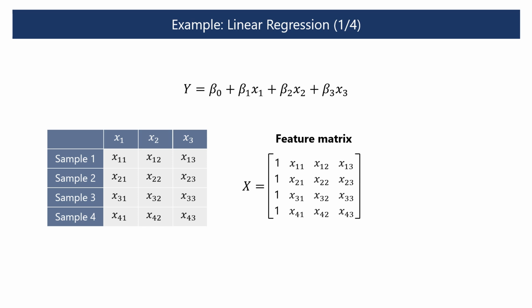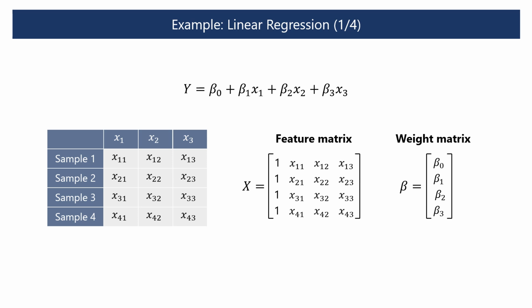Each row represents each sample. All elements of the first column are 1. This column represents the intercept. Other columns represent each predictor variable, or feature. So, this feature matrix represents a dataset that consists of 4 samples, 3 features, and an intercept.